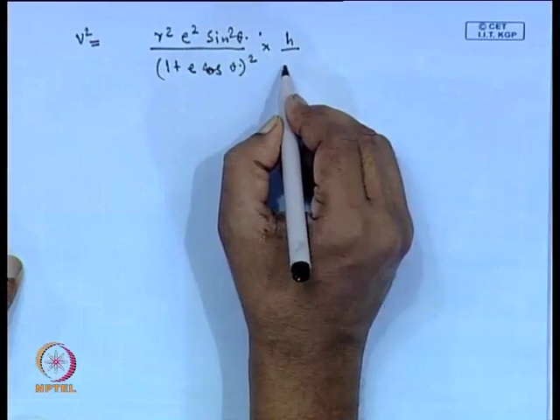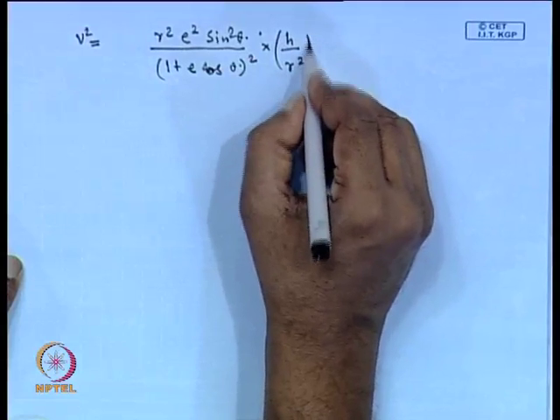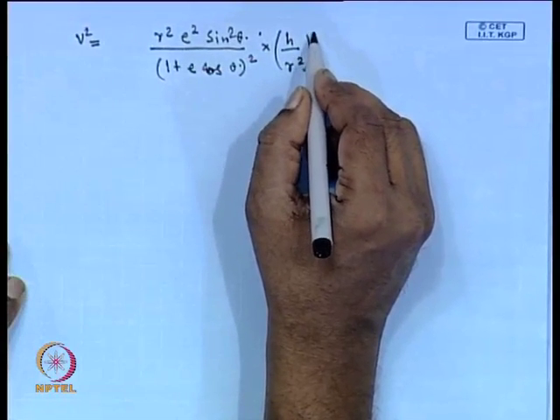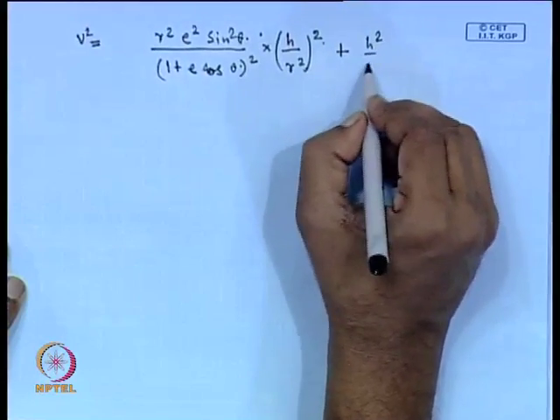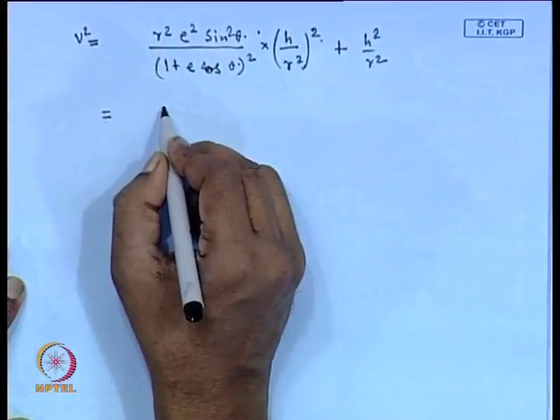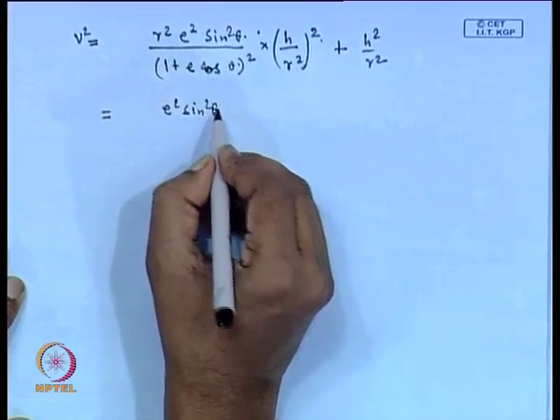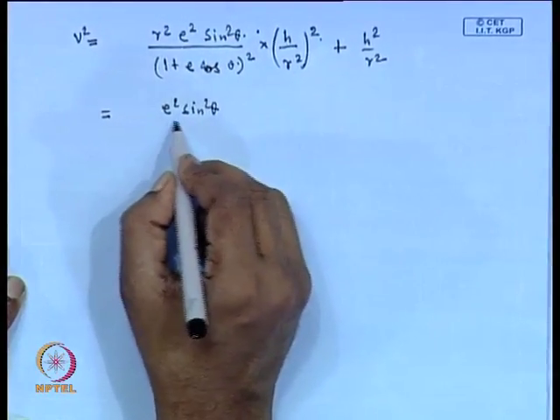but h by r square, whole square, and plus h square by r square. So, this we can write as E square sin square theta; r square here cancels out, leaving r square in the bottom.